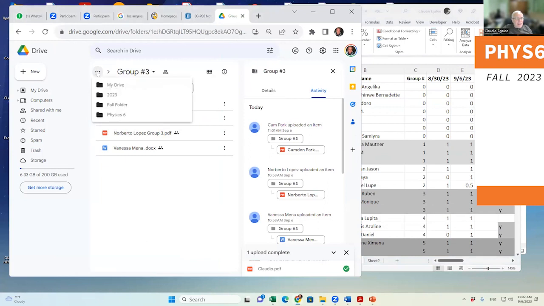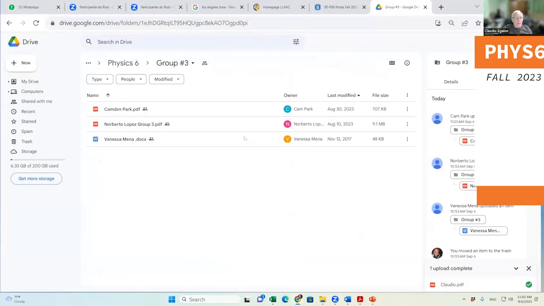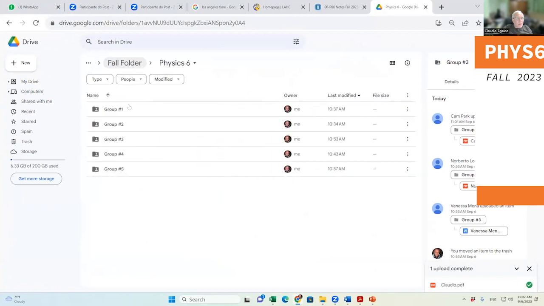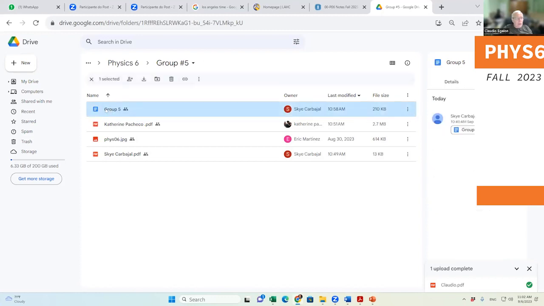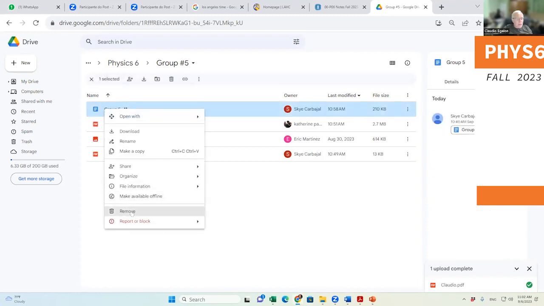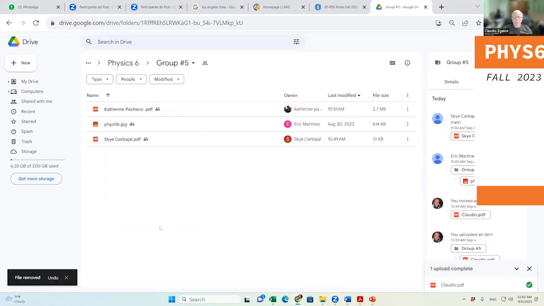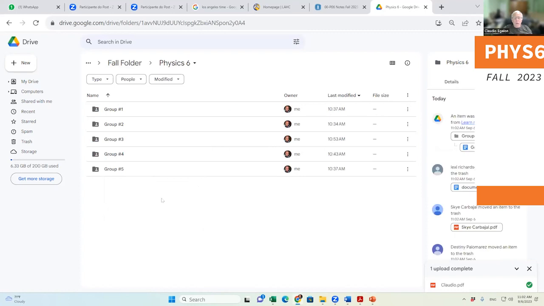And all you gotta do to delete it is, let's see, where is mine? I'm gonna delete yours. Okay, Sky, here you go. Highlight, right click, and remove. Right? That's how you have to do. So each student highlights their own file, right clicks, and removes it.